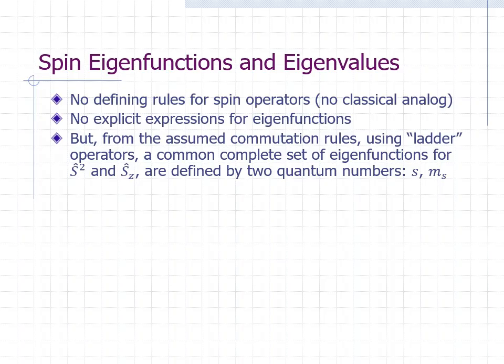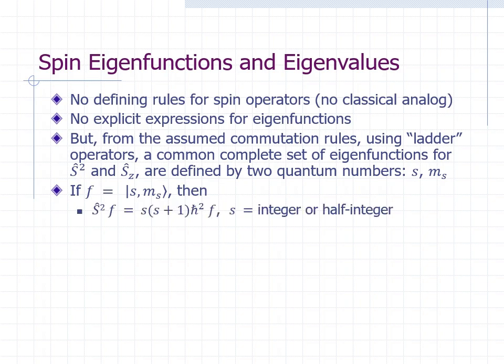Furthermore, the eigenvalues for both S squared and S sub z operators can be derived in terms of quantum numbers s and m sub s. Specifically, if function f is an eigenfunction associated with quantum numbers s and m sub s, then applying the S squared operator on function f gives back f times the eigenvalue s times s plus 1 times h bar squared.